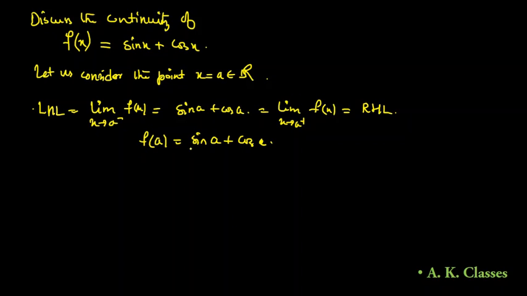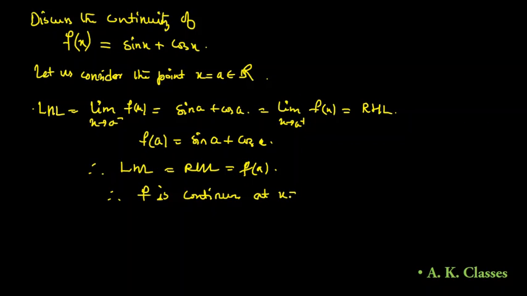So left hand limit equals right hand limit equals the value of the function at a. So therefore continuous at x equal to a for all a belongs to R, as you have chosen it randomly.